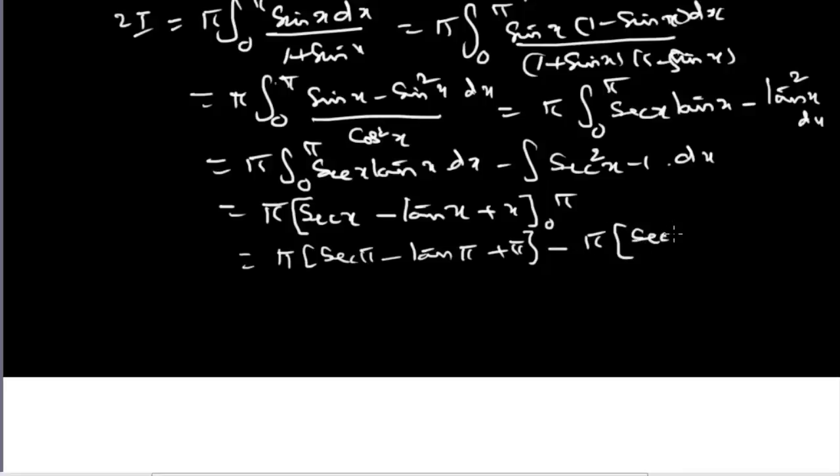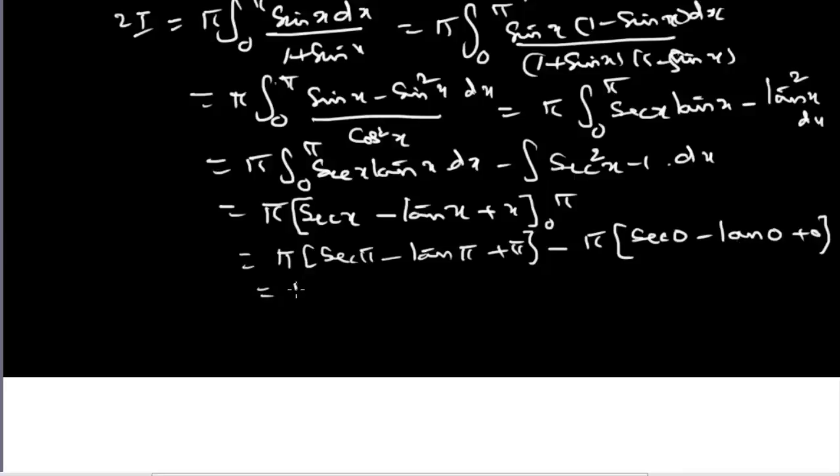Now wherever x is there, pi you put it. Pi into secant pi minus tan pi plus pi, minus pi into, wherever x is there, 0: secant 0 minus tan 0 plus 0. So tan 0 and the 0 would go away, and tan pi is also 0.